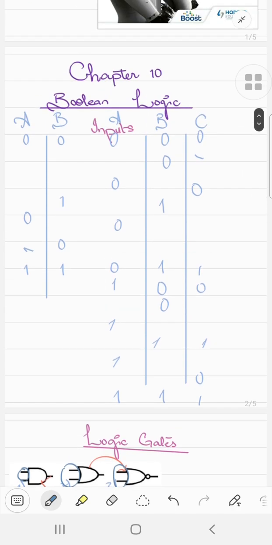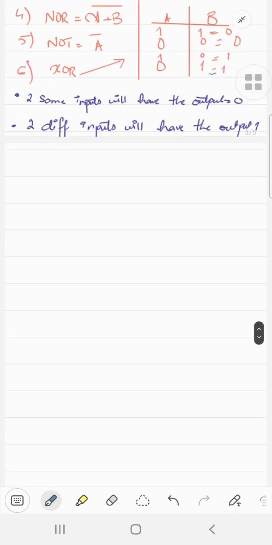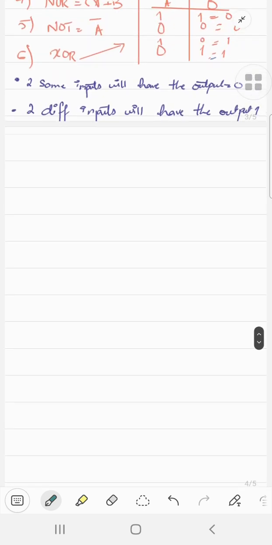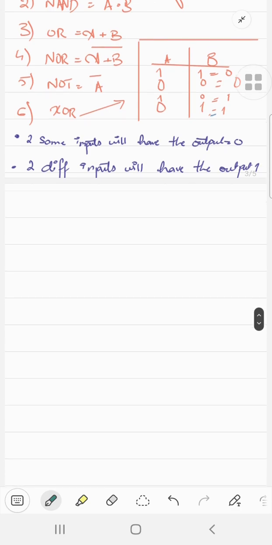Okay, so the book that I'll be using for the examples is this, and the first question that I'll be taking from here is from Activity 10.1, page 359. I'll be writing the reference here. If you have the same book, this will be your reference for it.